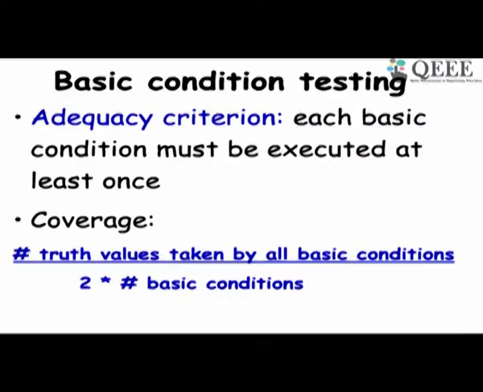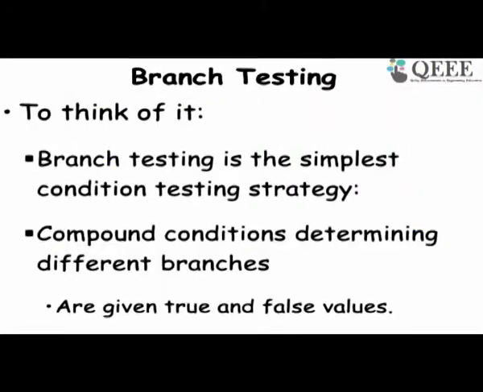If all have taken true and false, then this will be 100%. So if we are doing condition testing, branch testing is implied. So condition testing is a stronger testing than branch testing.